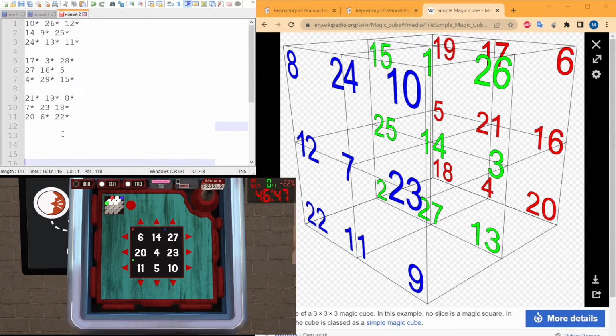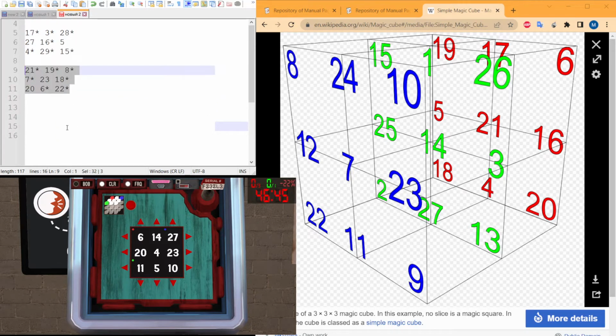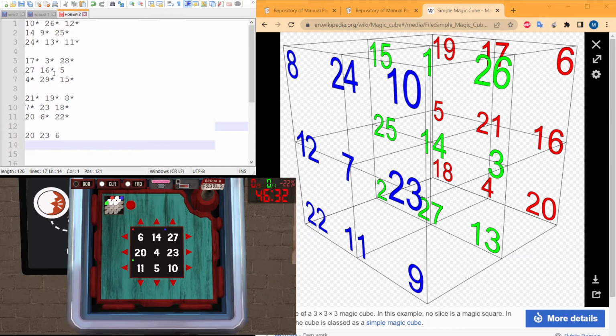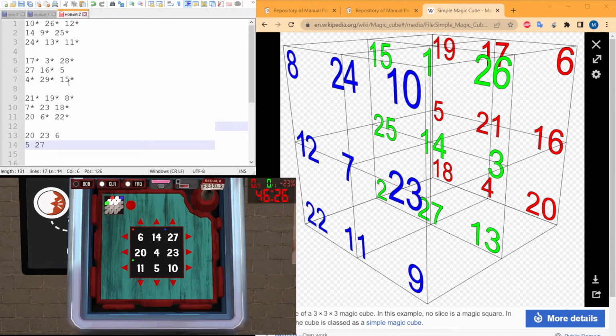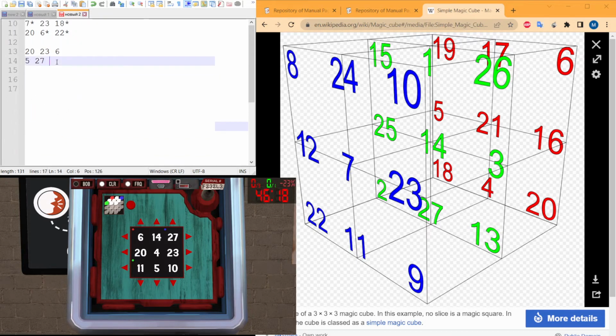We should have 20, 23 and something else which is already there: 6. Yeah, 6 is already there. Middle row should have 5, 27 and something that is already there, which is 4.